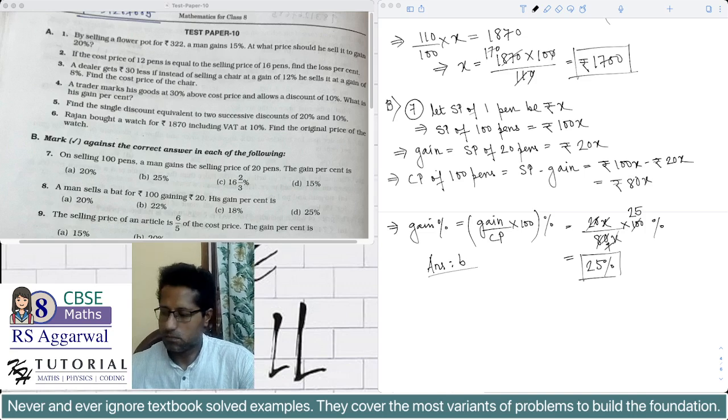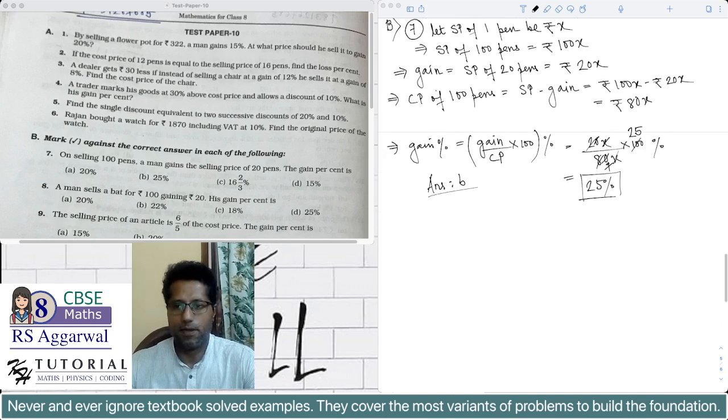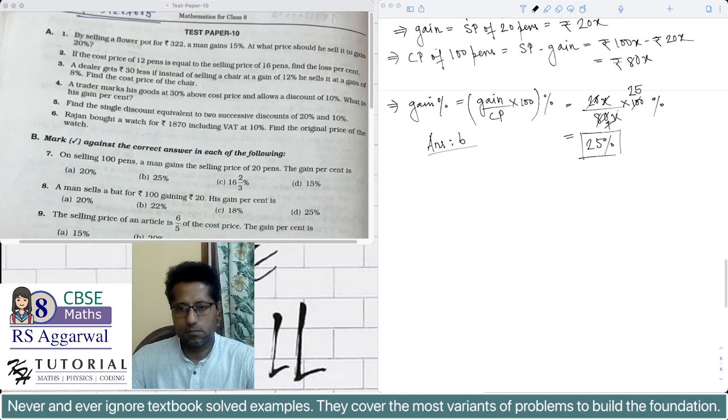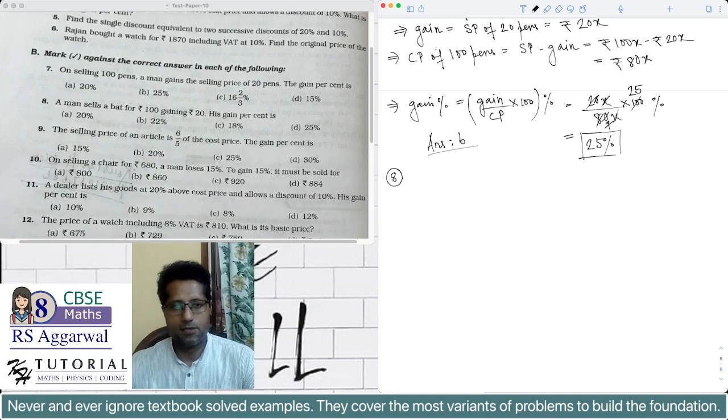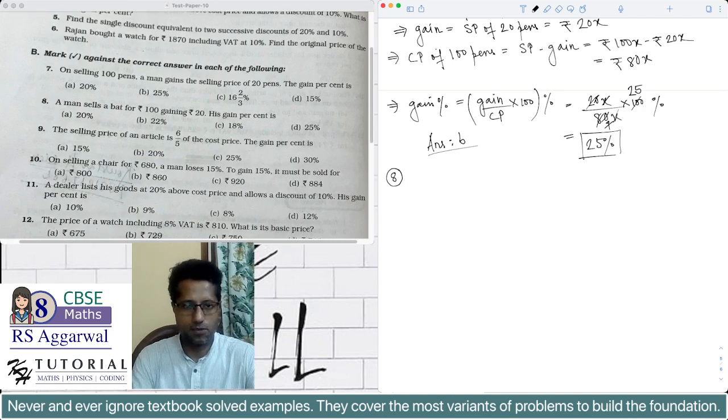Let's do problem number 8. A man sells a bat for rupees 100, gaining rupees 20. His gain percent is. This is pretty straightforward. Selling price is given to be rupees 100.